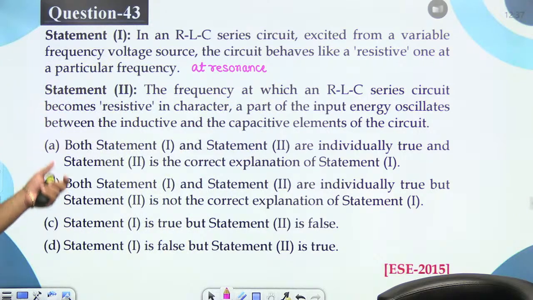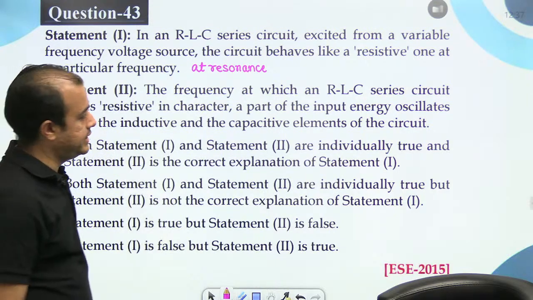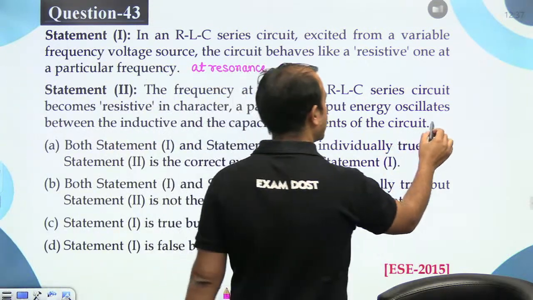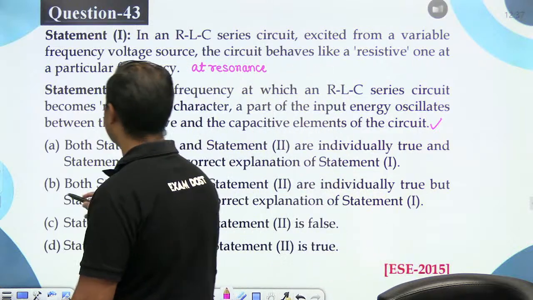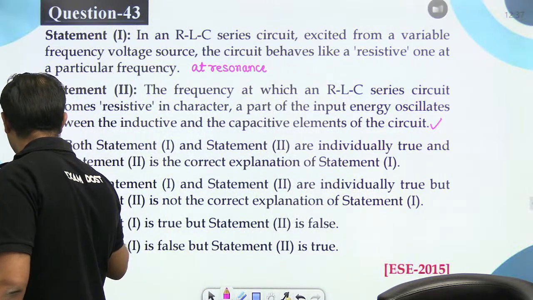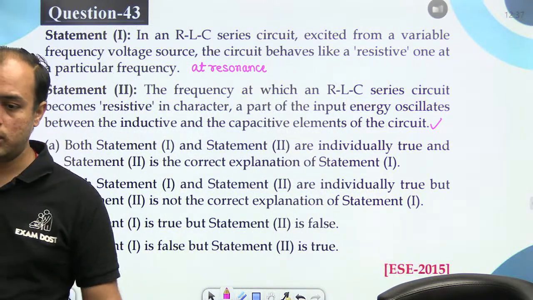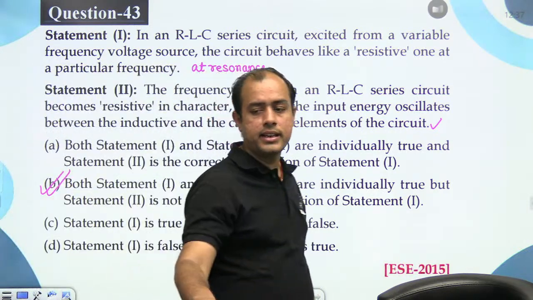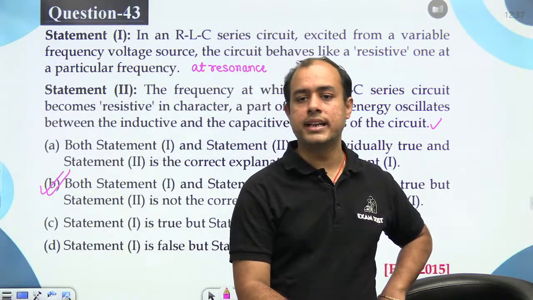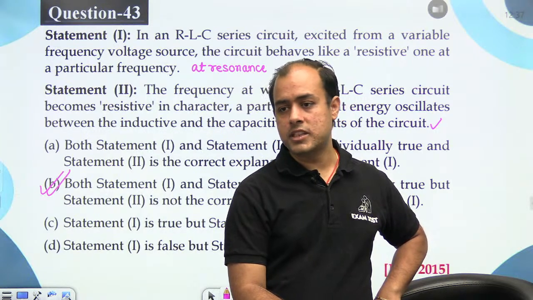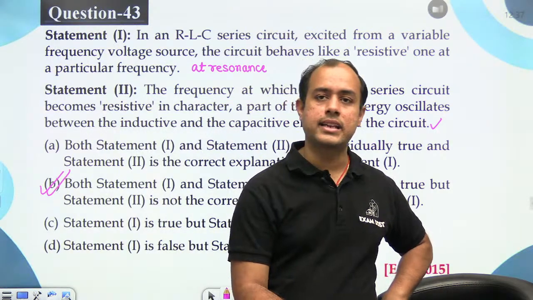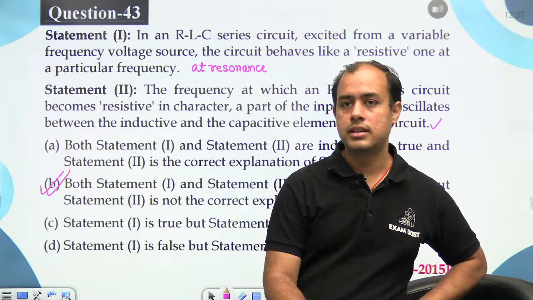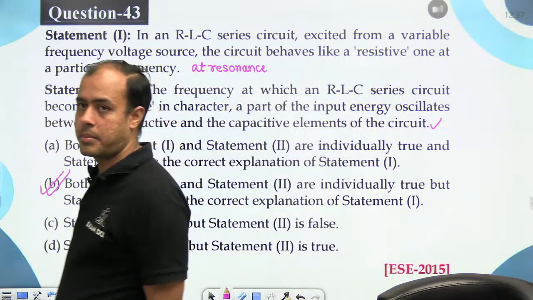The frequency at which it becomes resistive in character, a part of input energy oscillates between L and C. This is also correct. यहाँ पे एनर्जी L और C में ऑसिलेट करता है, but is the explanation true? नहीं, बात तो सही कह रहा है, एनर्जी ऑसिलेट करती है L और C में, सर्किट आपका रेजिस्टिव हो जाता है, but that is not the main explanation. The main explanation is XL and XC get cancelled out. So answer should be B.